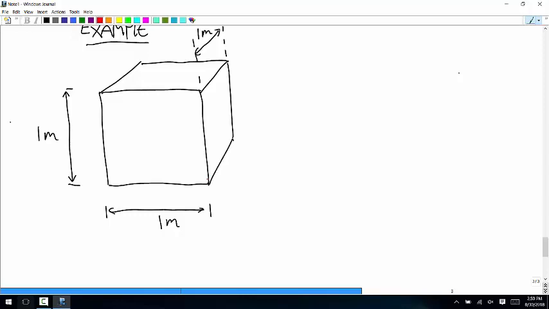So this big box that's a meter in every dimension is this high, and we're talking about little cubes this big. How many of those would we have to put inside to fill the big one?